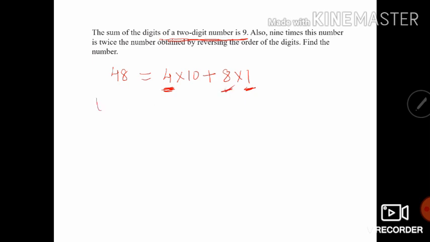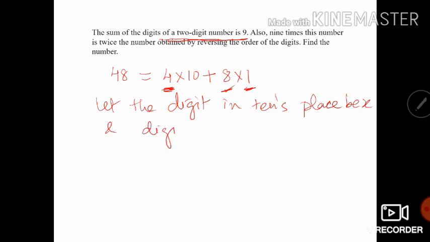So let the digit in tens place be x and digit in ones place be y.